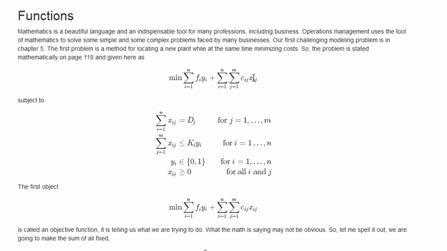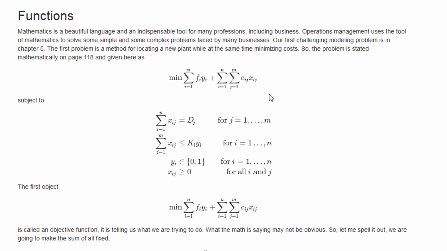So it's actually the first of our alphabet soup here. x sub i j is the first thing that's not a constant. x sub i j is what we are going to try to figure out. It is how much should I produce at facility i and ship to market j. So x sub i j really is the object that we are trying to decide how much.